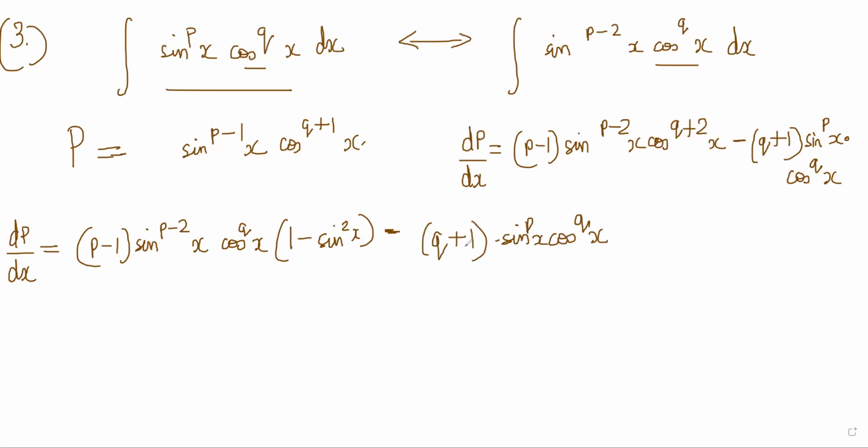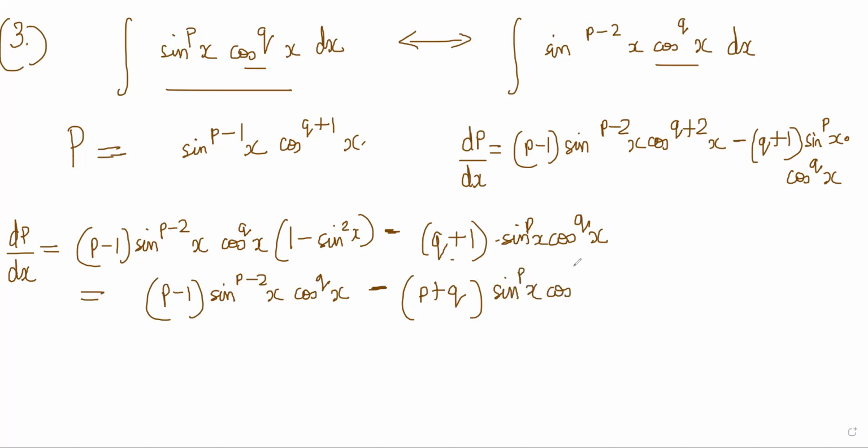And this can be further simplified now as (p minus 1) sine power (p minus 2)x cos power qx, and minus (p plus q). We are adding p minus 1 to q plus 1, which is p plus q. And you get sine power px cos qx.